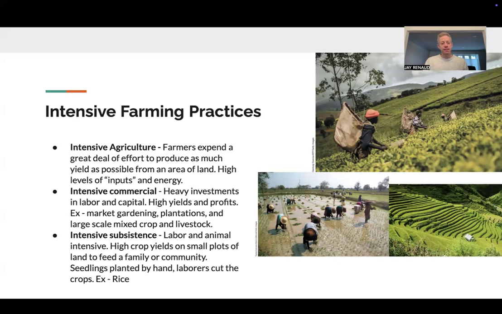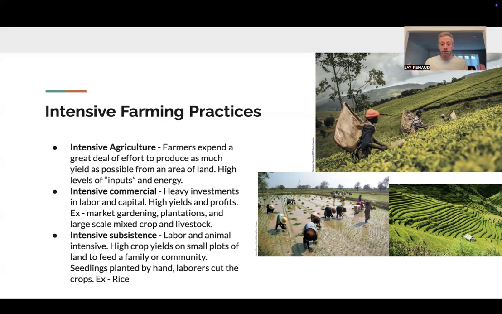Intensive farming practices. Okay, we need to be able to differentiate between intensive and extensive. I always teach my students intensive, hard work. Just think about an intense workout that you've done in your life. That's intensive. Now we can think about intensive labor, that would be hard work, or intensive capital with lots of money. Intensive capital would be intensive commercial.